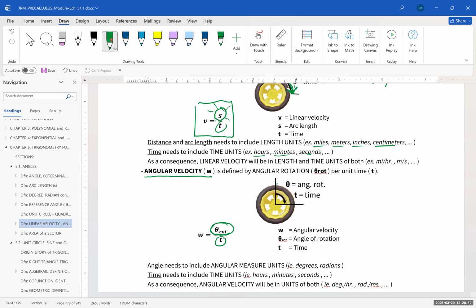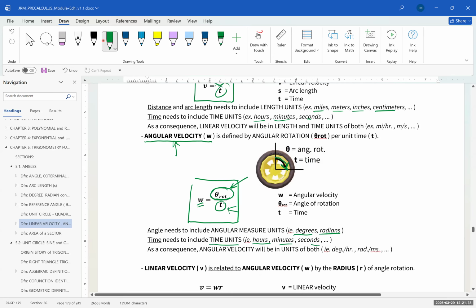So instead of measuring the distance that the tire has rotated, now we think of the angle that the tire has rotated. And we could then write a similar formula. This is for angular rotation as the number of degrees or radians per unit time. So that's angular rotation or angular velocity.